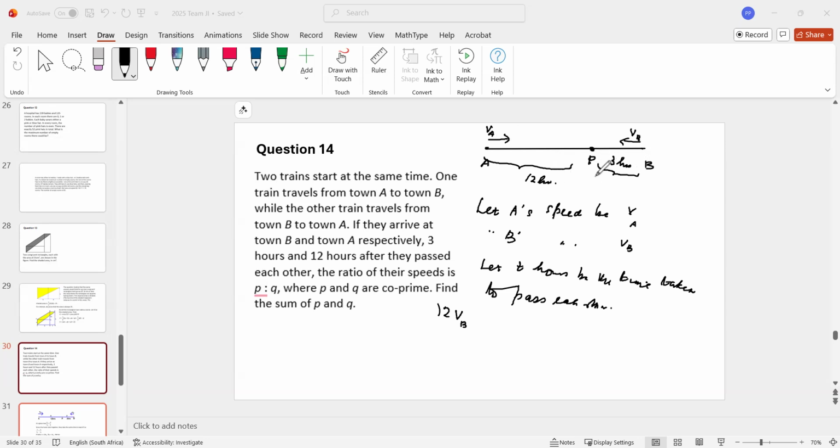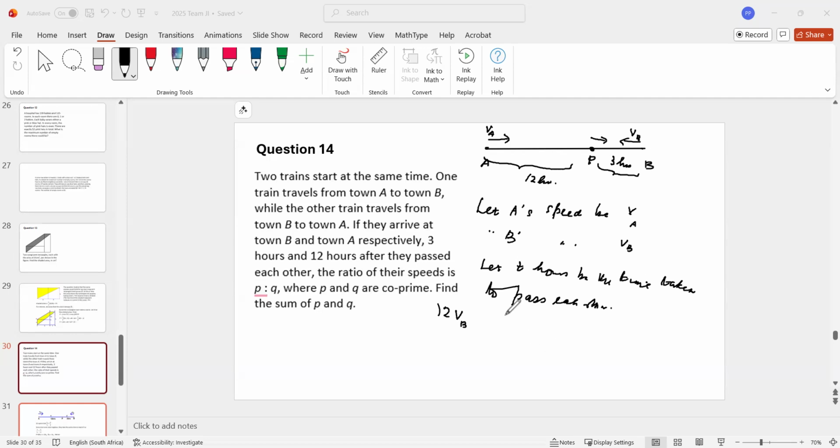And then from here to here, VB. VA is traveling at the speed of V. It takes the same time.